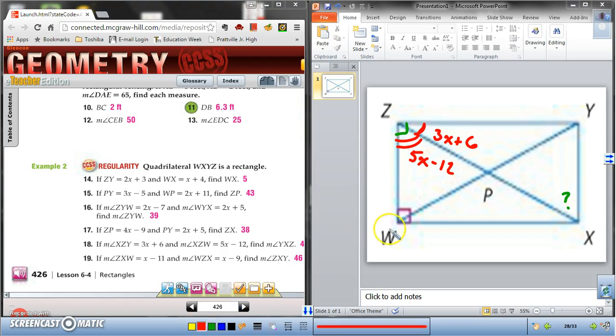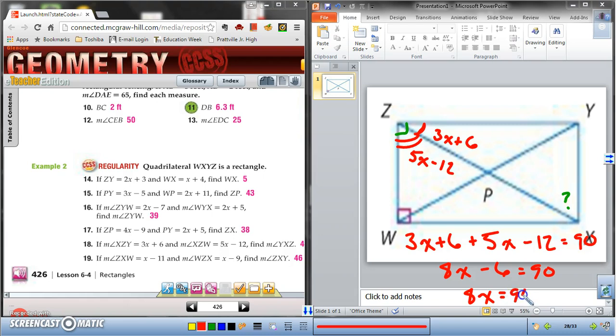And so first of all, solving for x, I have 3x plus 6 plus 5x minus 12 is equal to 90 degrees. Combine your like terms. Add 6 to both sides.